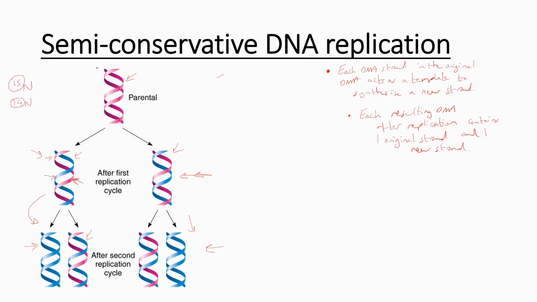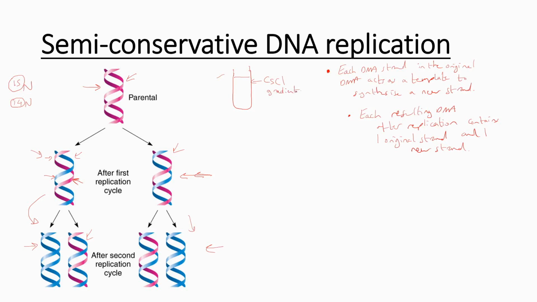So here in purple, let's imagine the bacteria have been grown for a long time over multiple generations on nitrogen 15. It will have a heavy DNA. And then, if we have a centrifuge tube like this, and in the centrifuge tube we have a cesium chloride, CsCl, gradient.